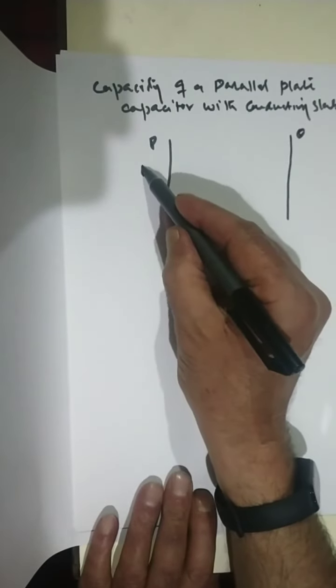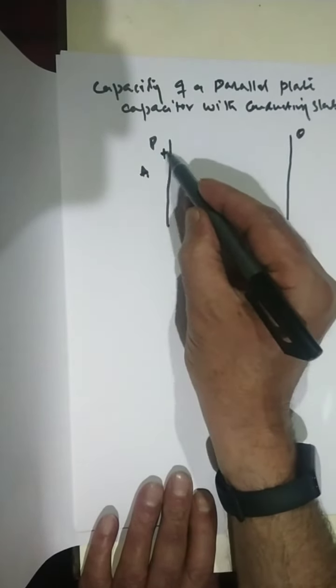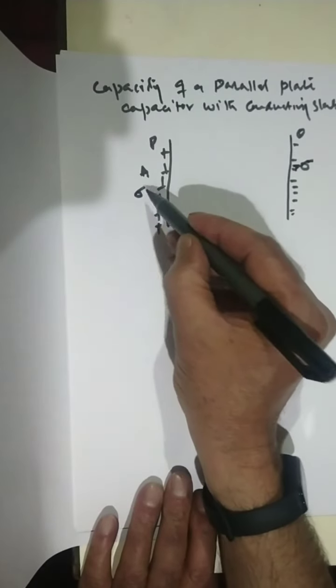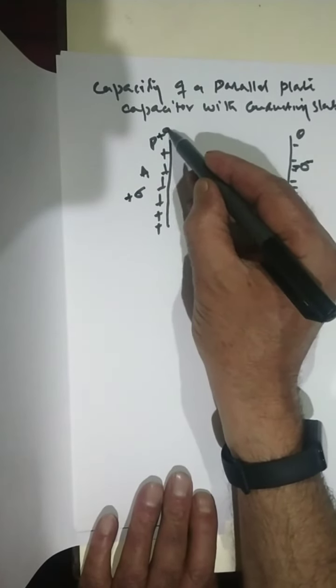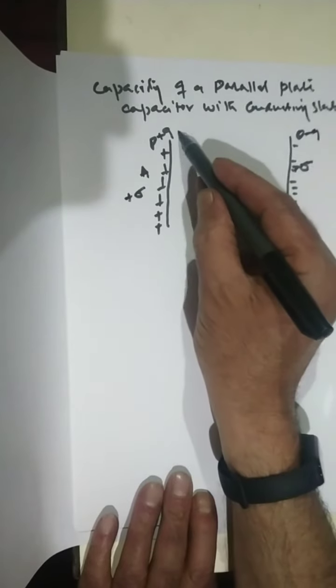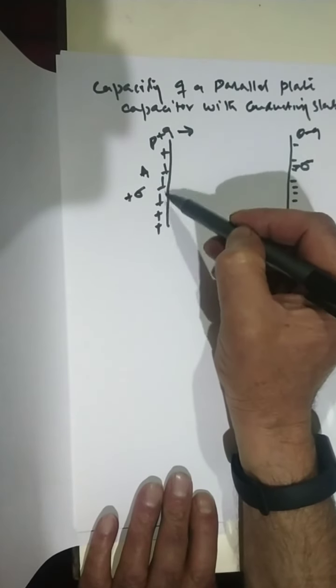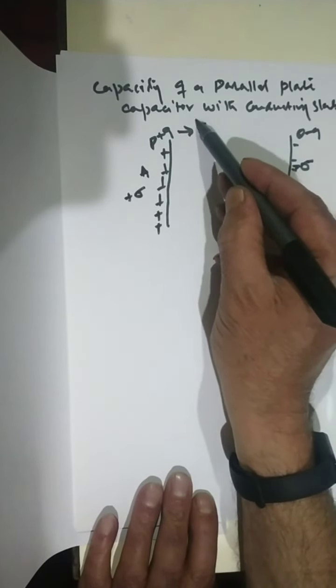Again, let us suppose that we have an air capacitor with plates P and Q, area of cross section A. This is positively charged and this is negatively charged. Its charge density is plus sigma and minus sigma, charge plus Q and minus Q, which is due to the external applied field.